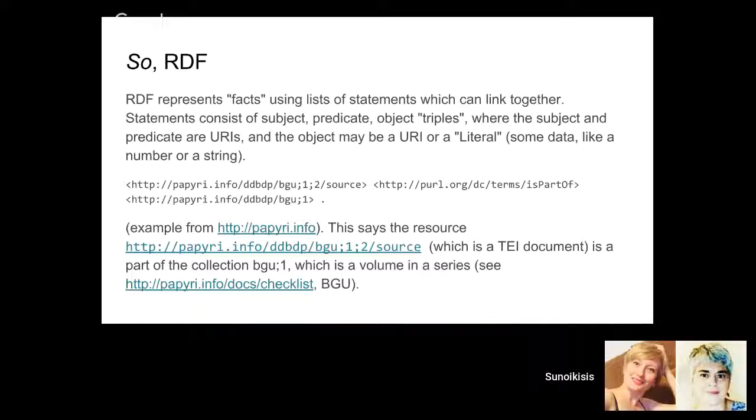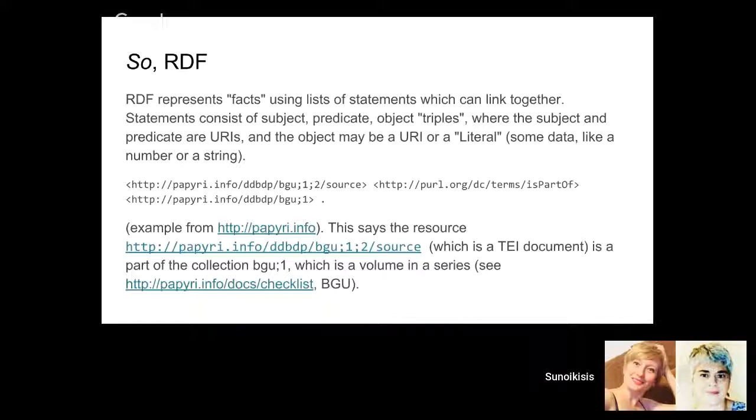They're called triples. And the subject and predicate in this case are always URIs, and the object may be a URI or what's called a literal. That's a piece of data, a number, a string, or it could be an XML document or something like that. So here's an example from papyri.info.